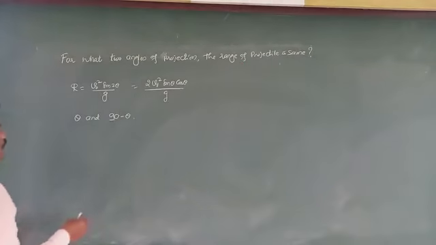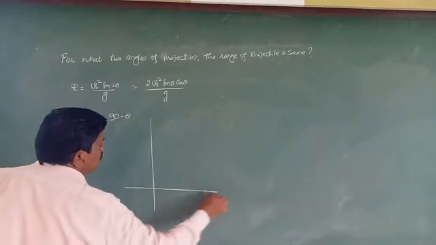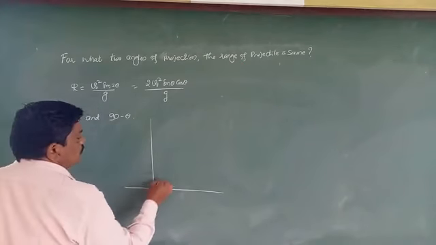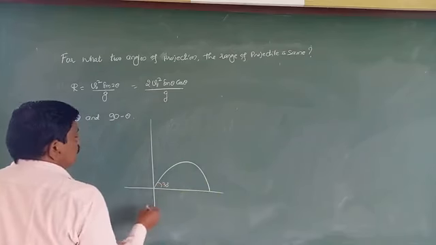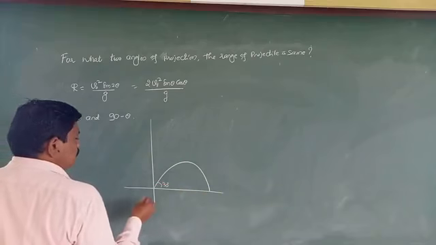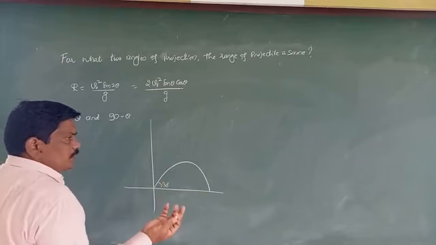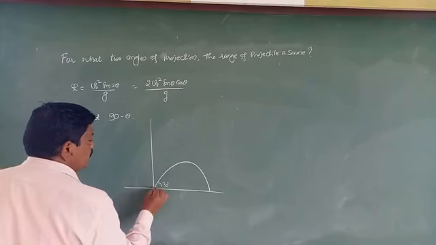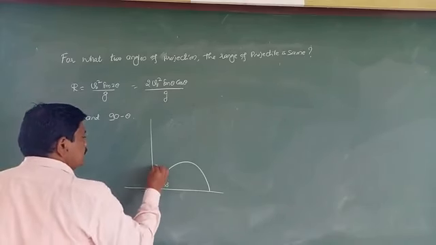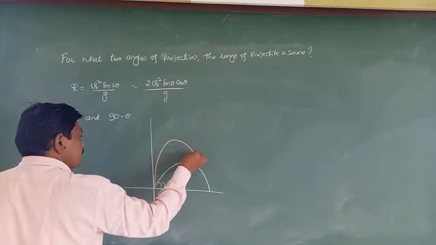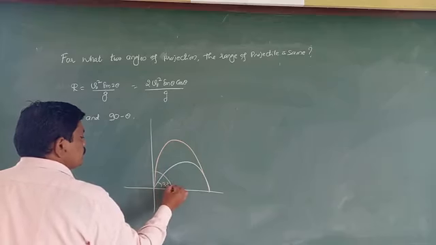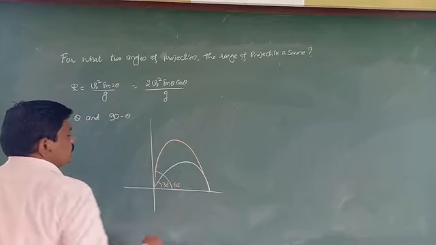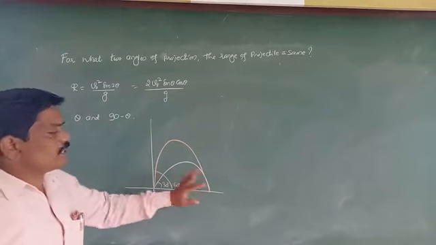For example, if the angle of projection is 30 degrees, and if the object is projected with the same speed at an angle of 60 degrees, we get the same range.